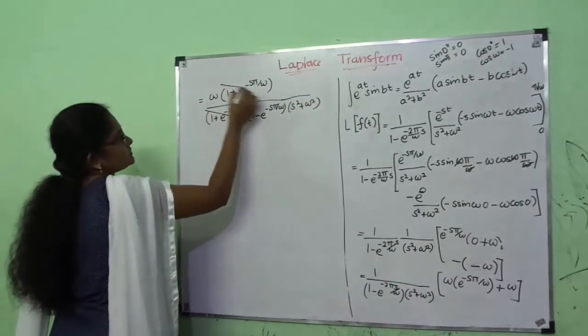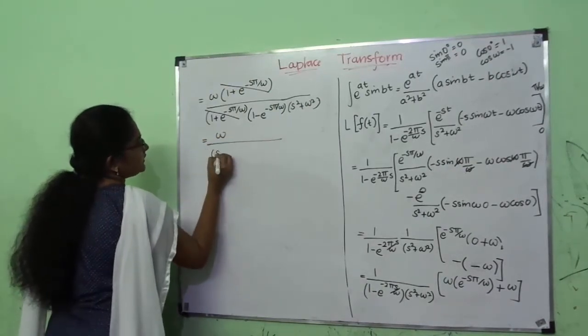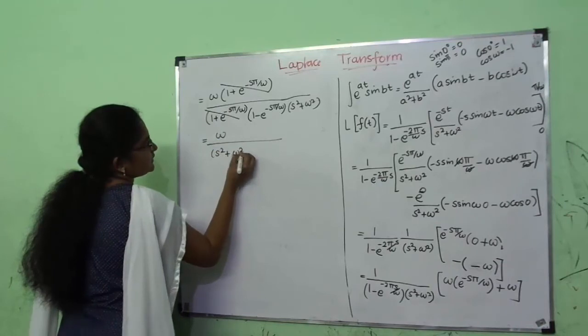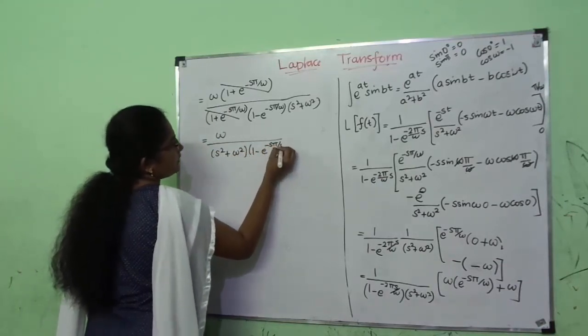Both of these terms get cancelled, so we write the remaining terms: omega by s square plus omega square into 1 minus e power minus s pi by omega.